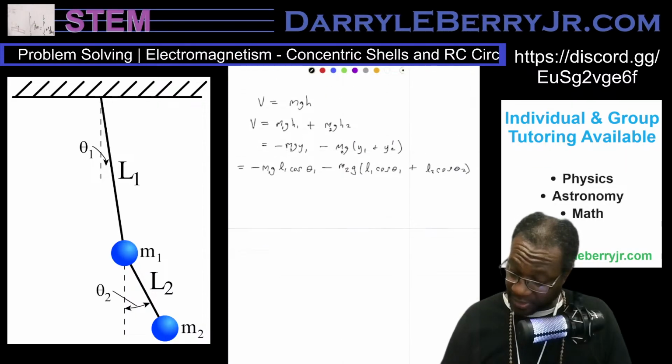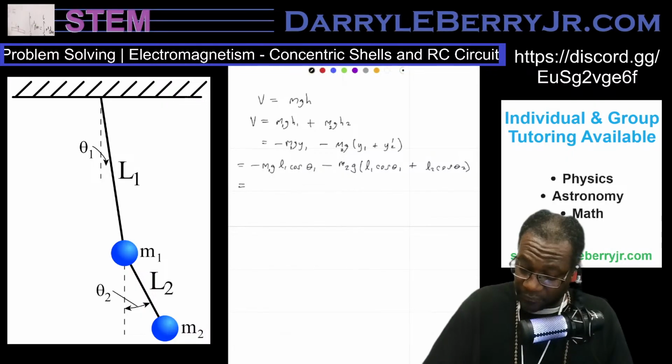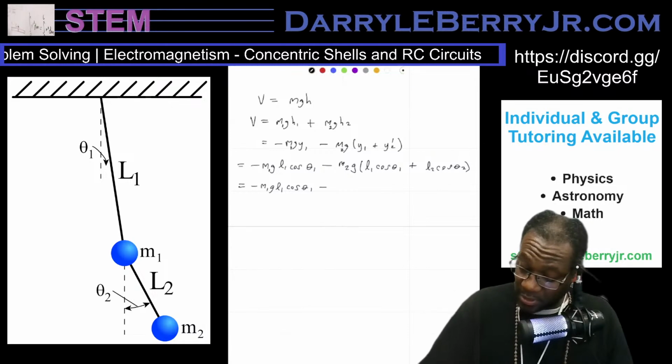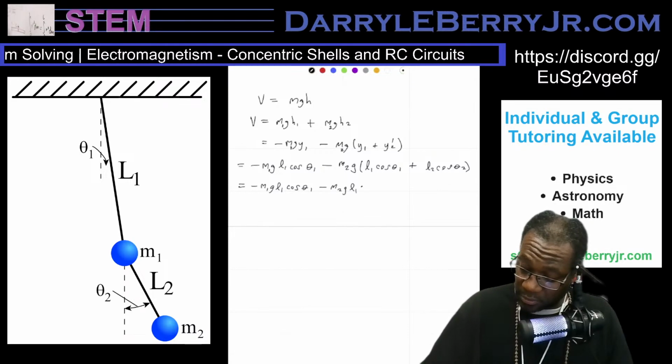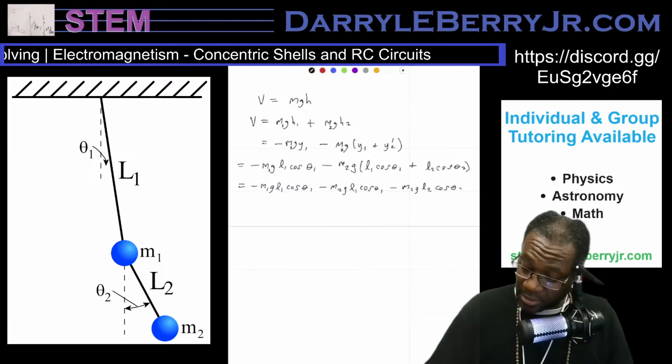I can also simplify this according to where the angles are. So we have negative m1 g L1 cosine theta 1 minus m2 g L1 cosine theta 1 minus m2 g L2 cosine theta 2.